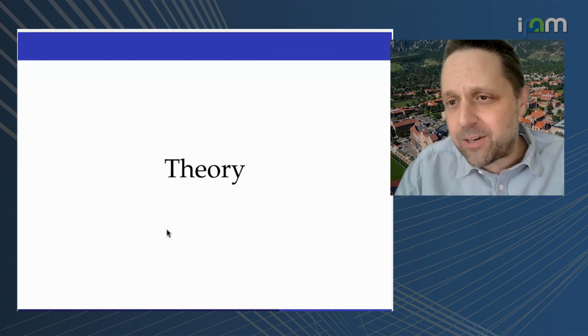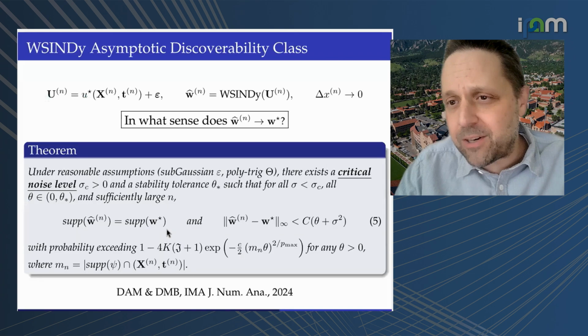The one nice thing about the weak form that we've been working on is it lends itself in a very straightforward way to thinking about theory. It wasn't easy to do this, but basically, we have a theorem that says the SINDy problem of equation discovery does converge in the limit of getting enough data, this n value here.